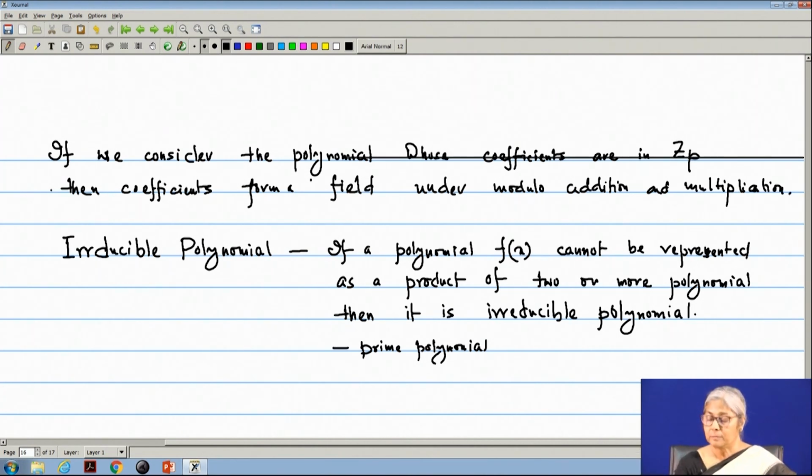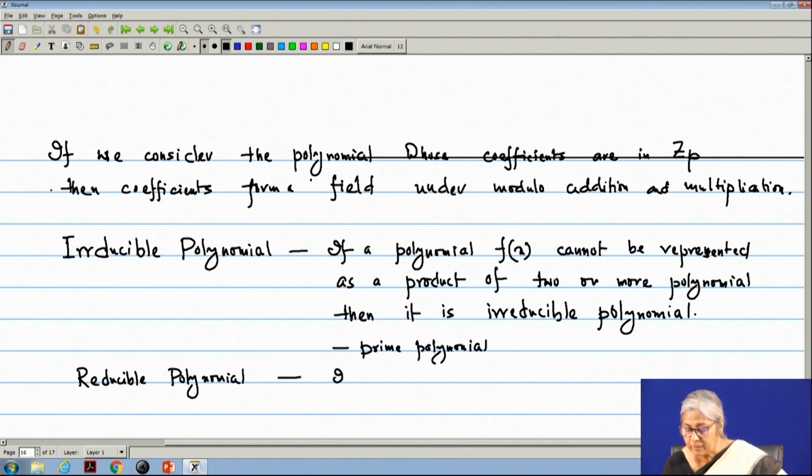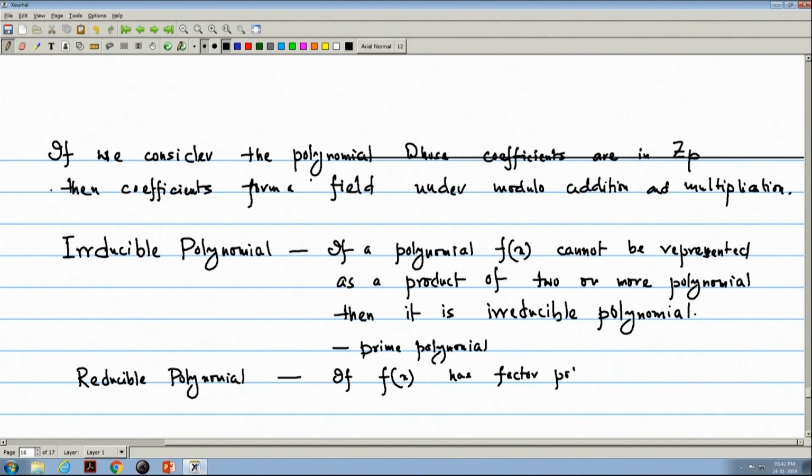And if the polynomial f(x) has a factor, then it is called a reducible polynomial. If f(x) has factor polynomials, that means it can be represented as a product of some other polynomials.